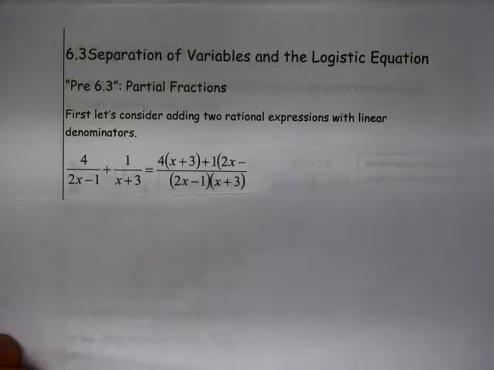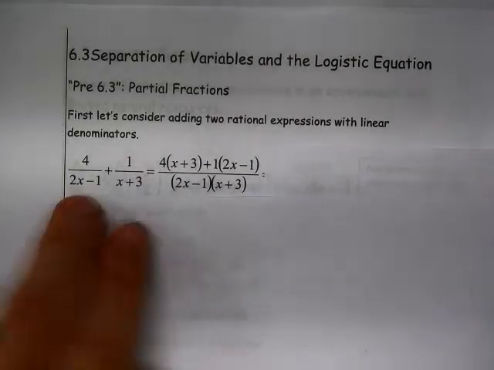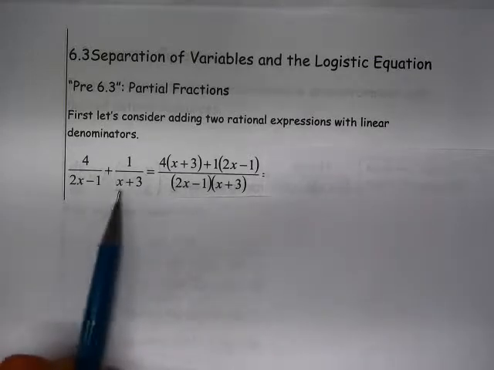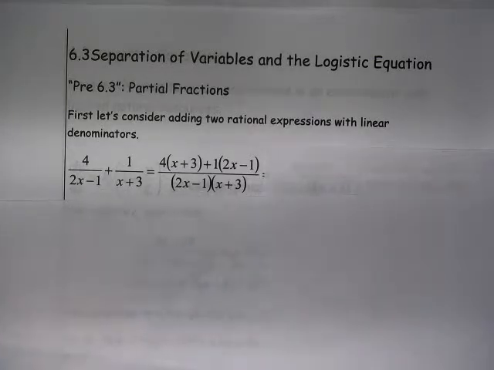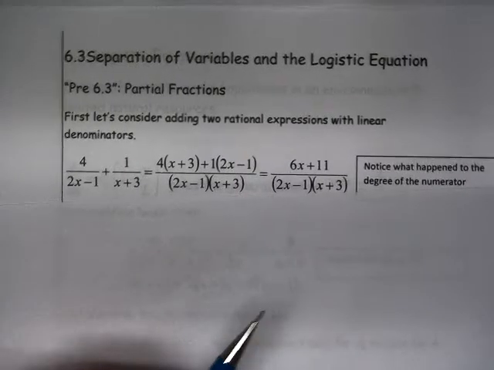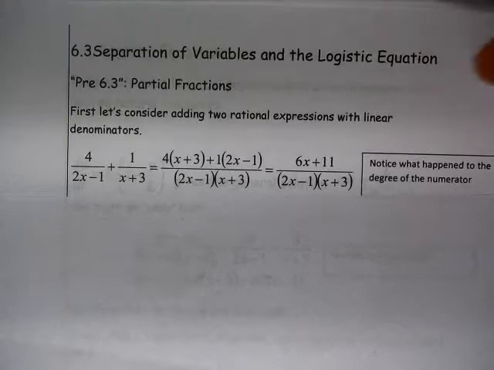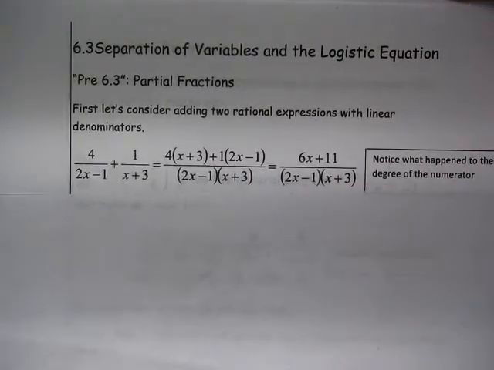Alright, so as you did that, hopefully you found the common denominator was these two linear denominators multiplied together, and the 4 needed an x plus 3 factor and the 1 needed a 2x minus 1 factor. And once we do that, we can distribute and then combine like terms. And we get 6x plus 11 as our numerator.